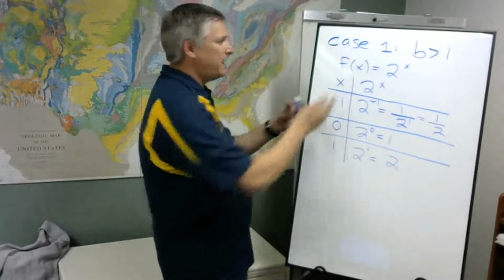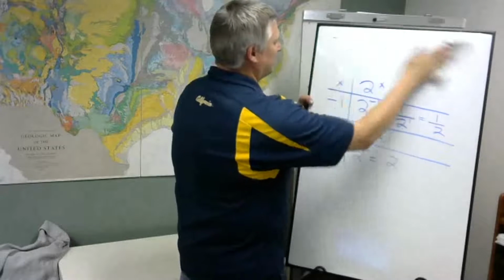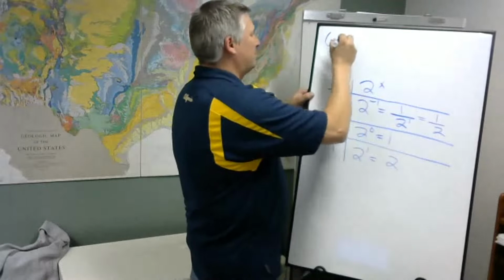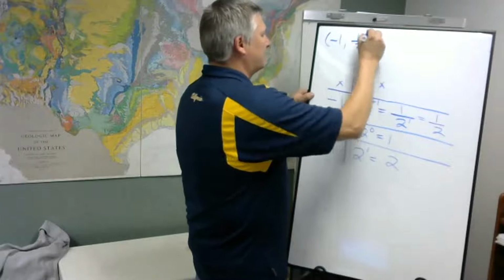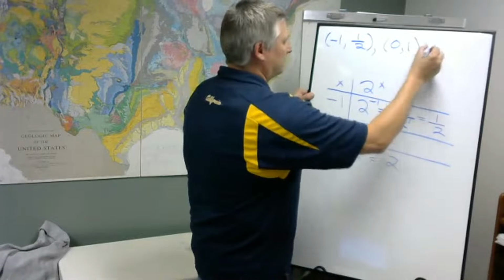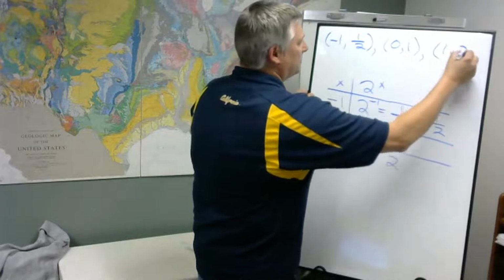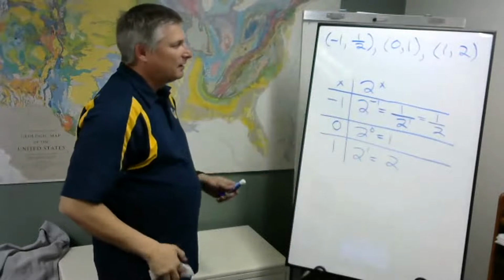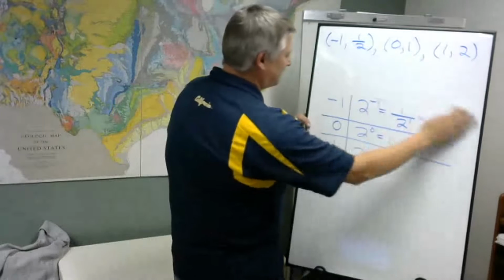So these are the points we have. Negative 1, 1/2. 0, 1. And 1, 2. So now let's graph these.